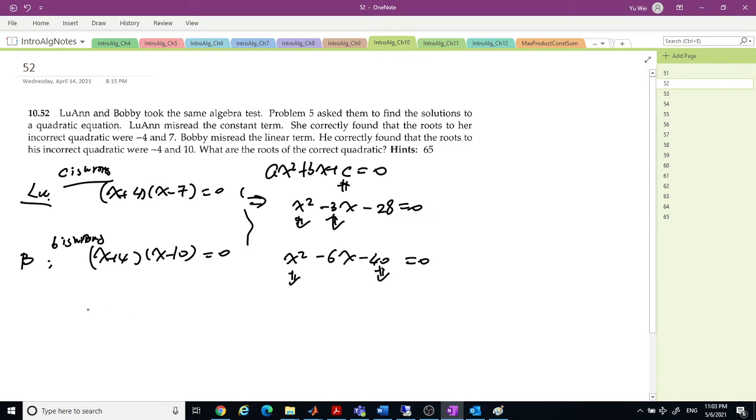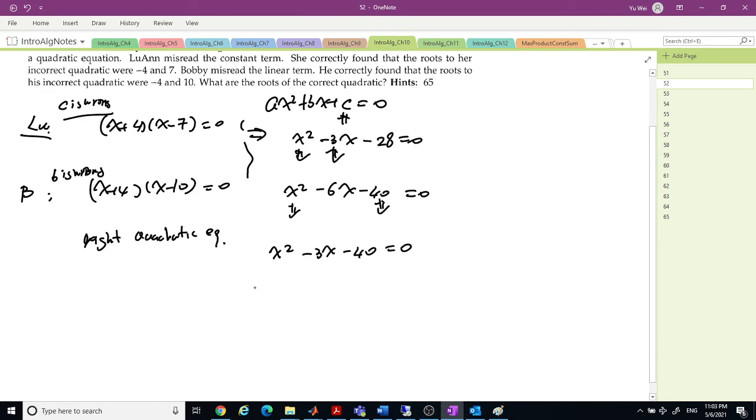So now the right quadratic equation is x squared minus 3x minus 40 equals 0. Let's do the cross product for factorization.